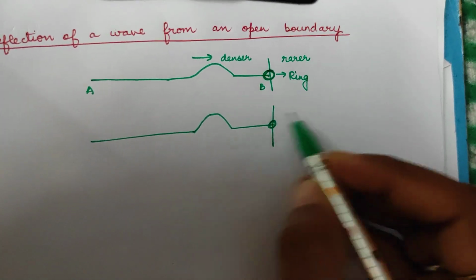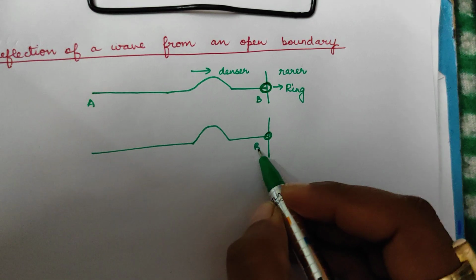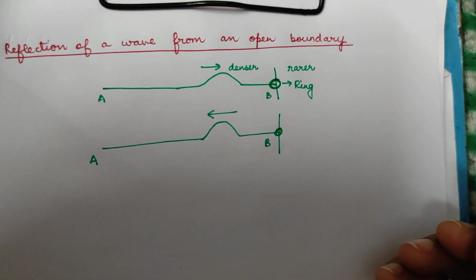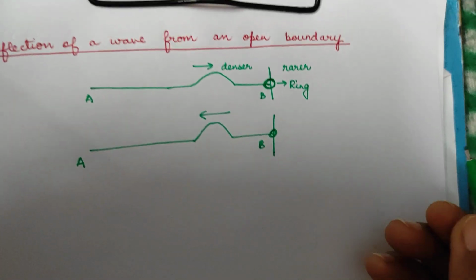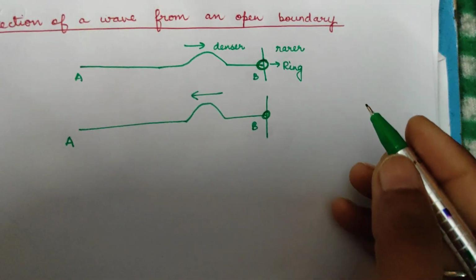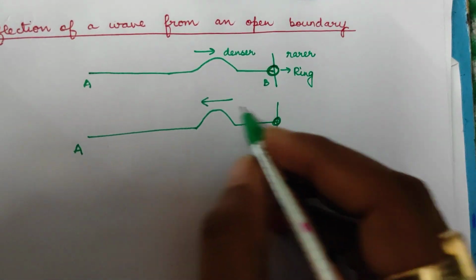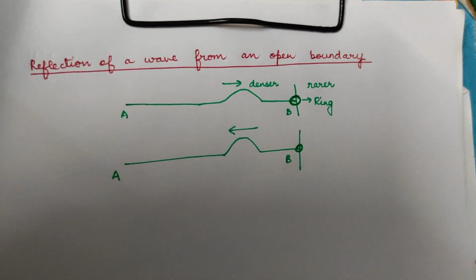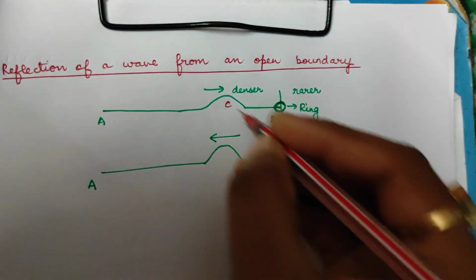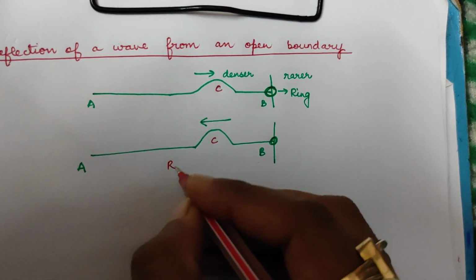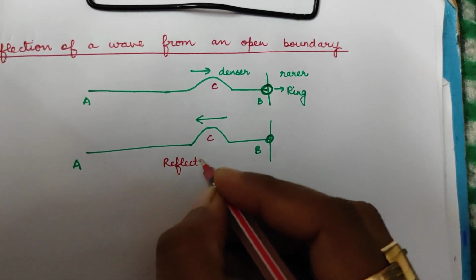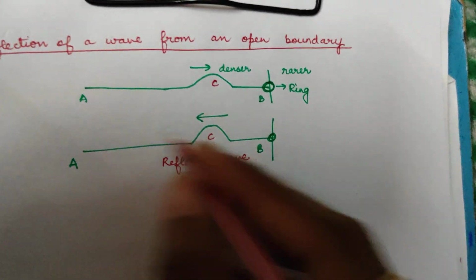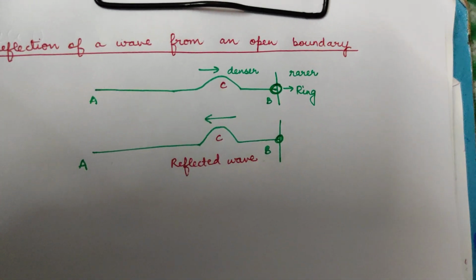After reflection also, the wave will move along the same path but in the opposite direction. Is it clear? It moves along the same path as it was earlier, moving as a crest. Similarly, the reflected wave, after reflection, will move along the same path but in the opposite direction.